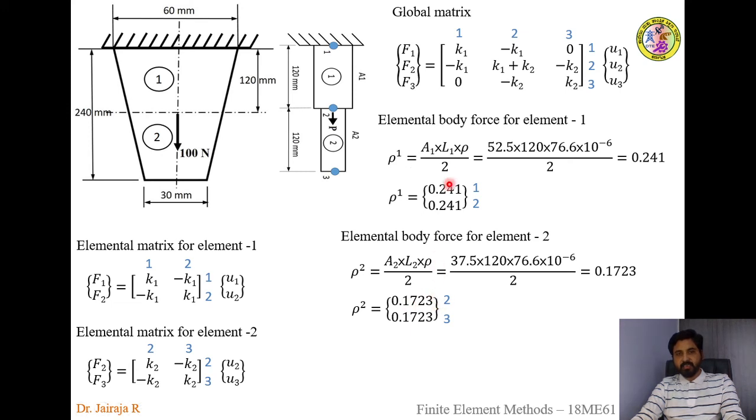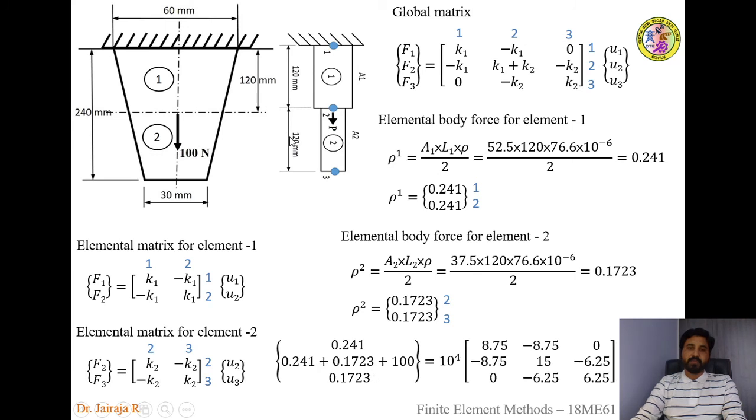In addition to these two body forces at node 2, an external force is also acting at node 2, that is 100 Newton. So here we can see for F1, there is no external force acting at node 1, only body force acting at node 1, it is 0.241.